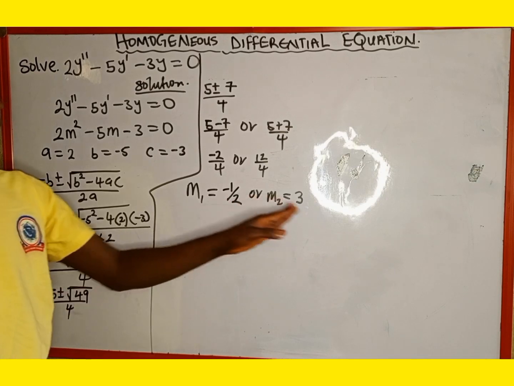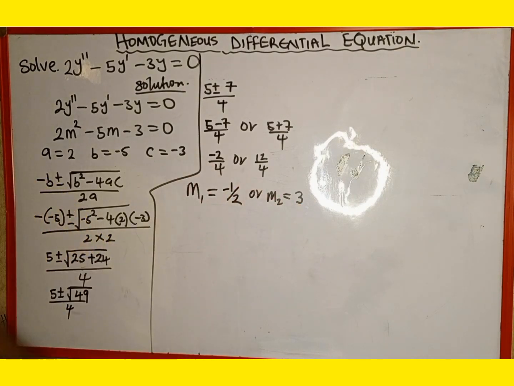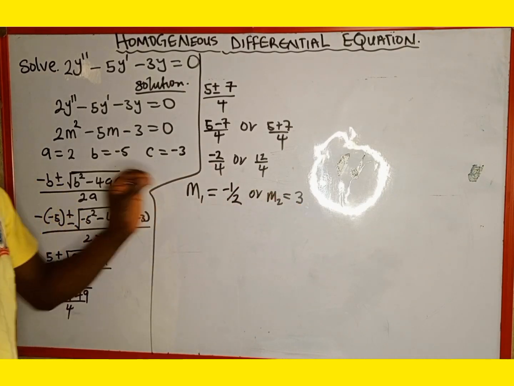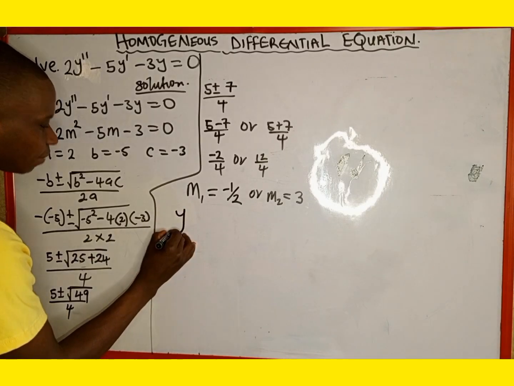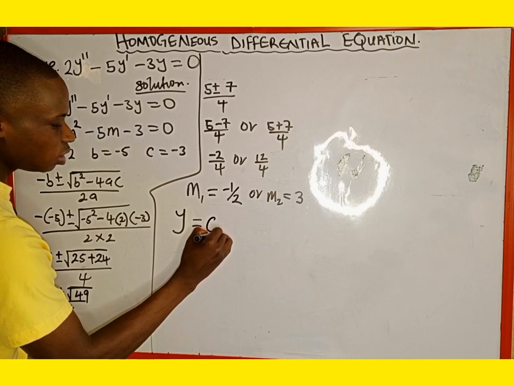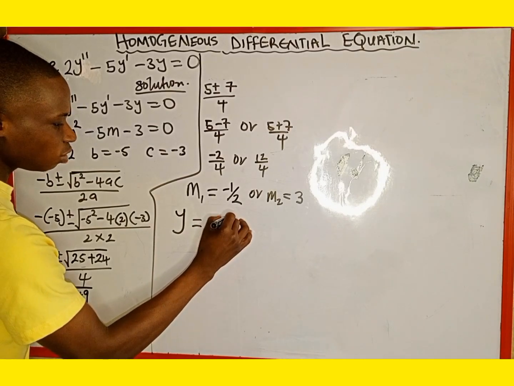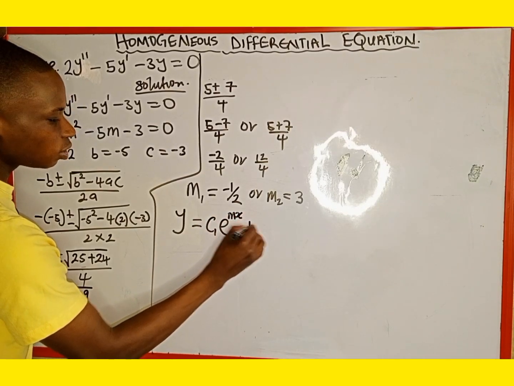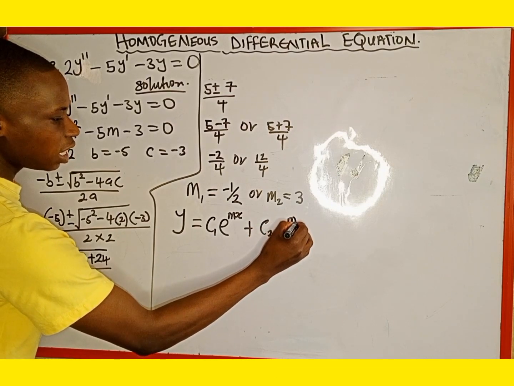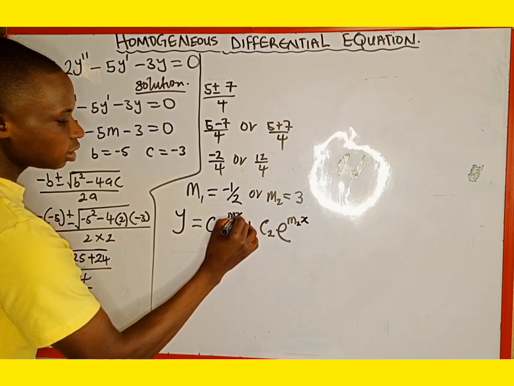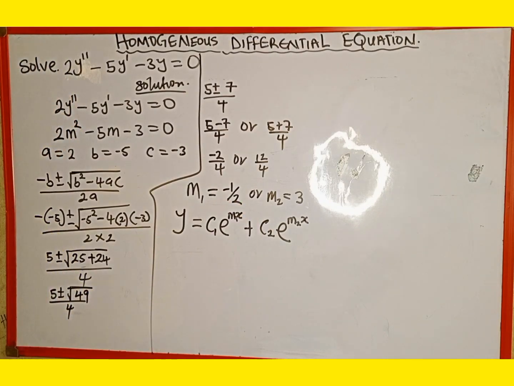When you have complex roots, it's also going to be different. But in this case that we have distinct real roots, the general solution is going to be y equal to C1 exponential raised to the power of m1x plus C2 exponential raised to the power of m2x.